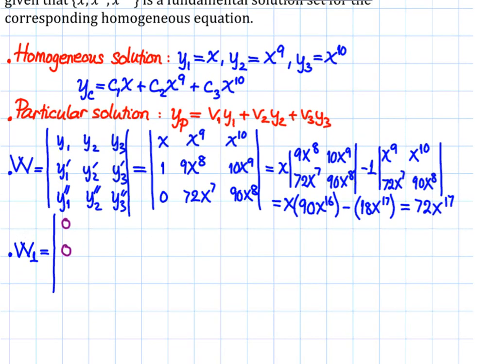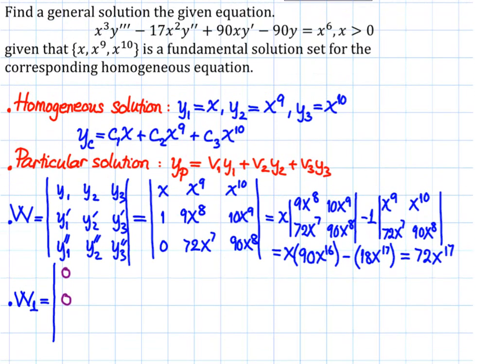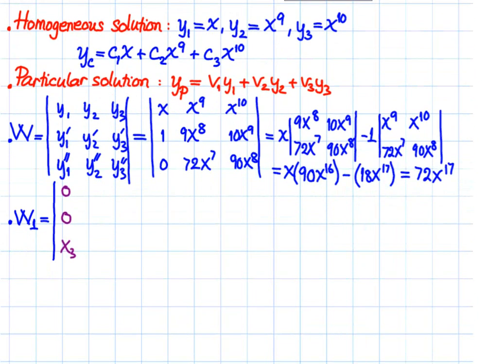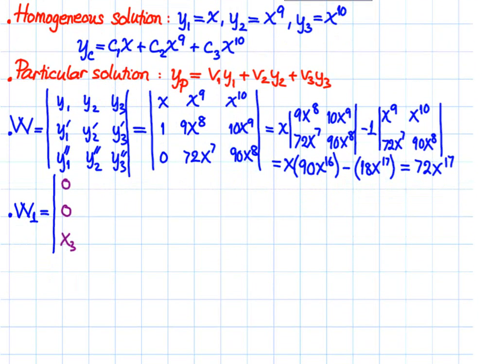Notice that for variation of parameters, the leading coefficient has to be equal to 1. So we have to divide both sides by x cubed, so that the coefficient of y''' is going to be 1. If we do that, the right-hand side is x cubed, and that's what we're going to put here, not x to the 6. It's just x cubed. Right, and then the rest of the problem will be the same.